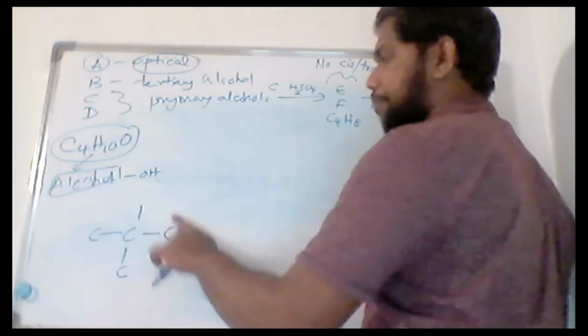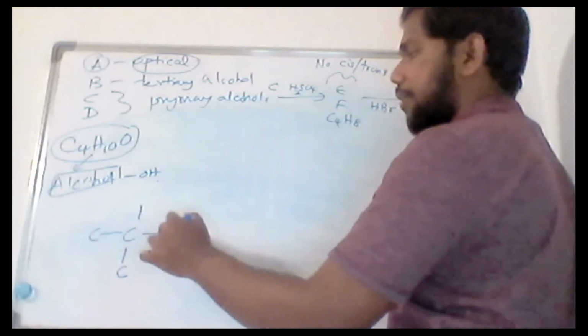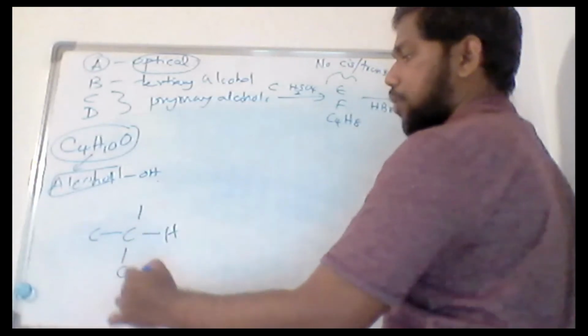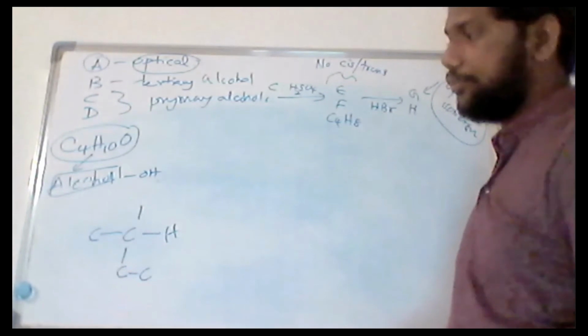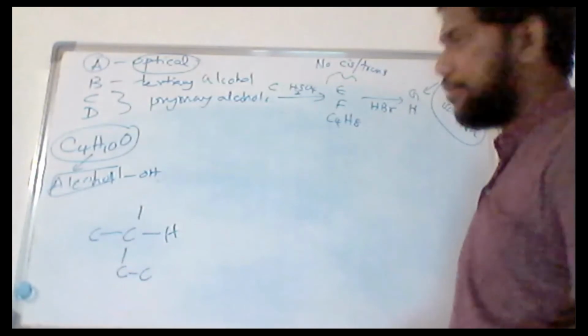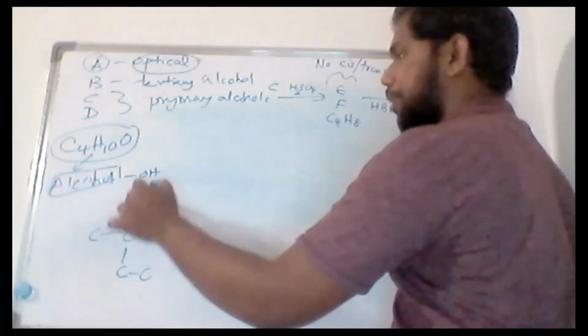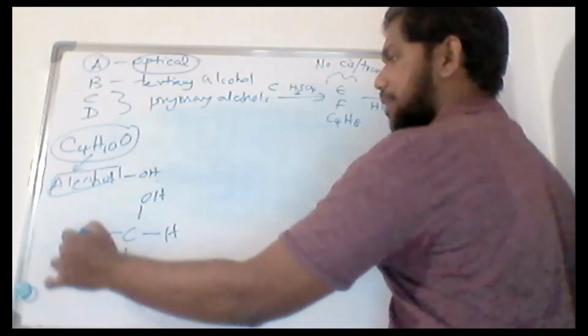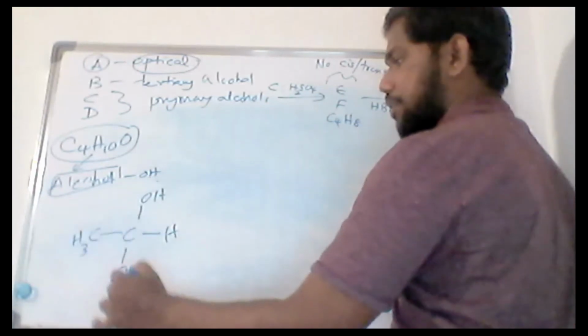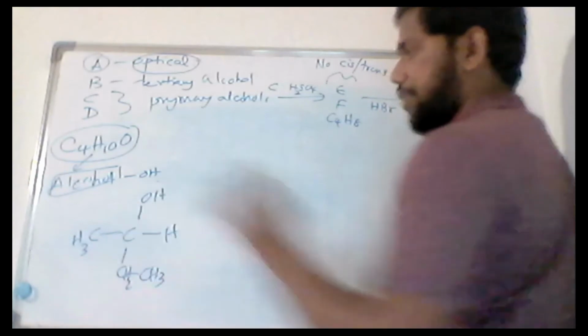So if I put 1 hydrogen here and 2 carbons here, for example, I can put OH here, and make this CH3 and this CH2CH3.